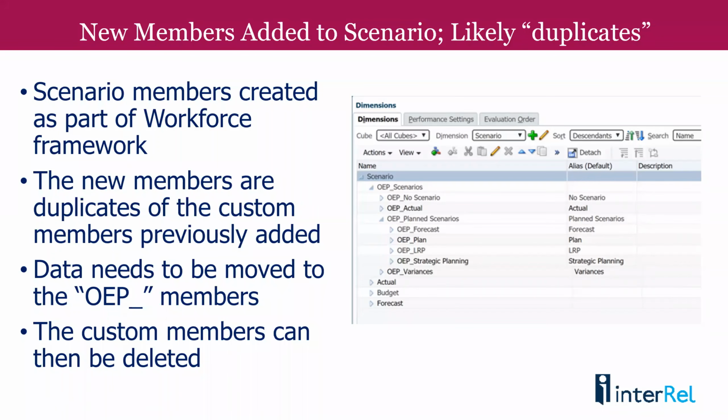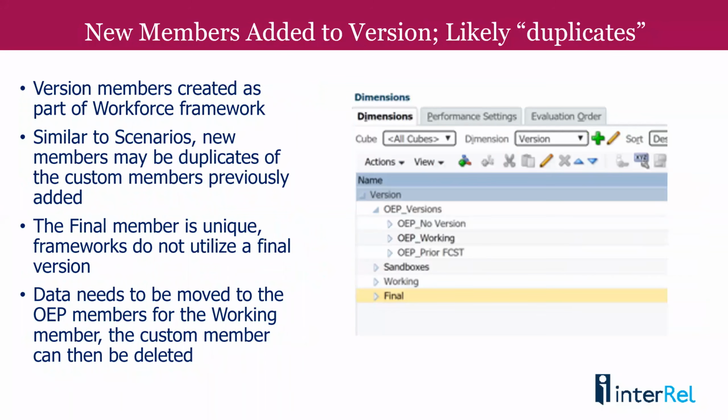Or in this instance, budget, I would have to copy budget to plan and then delete budget. So there are some things that you have to take care of if you have a custom that you are converting to use frameworks. It's just things to be aware of.